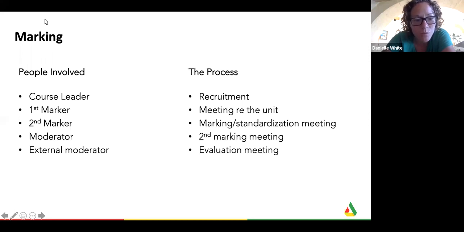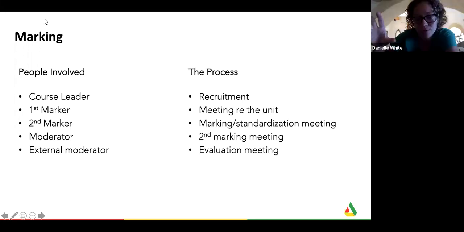So this is what the first and second marker do. The moderator is somebody who is internal, and they look at all of the marks going across. They look at a sample of marks from each of the different first and second markers, and they go through. So say, for example, there's 5 different people working on it, then they might receive a percentage. It's normally 10% of each of those.